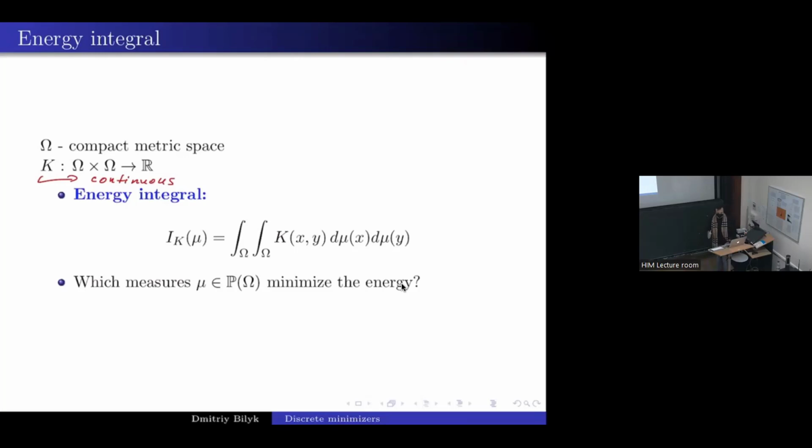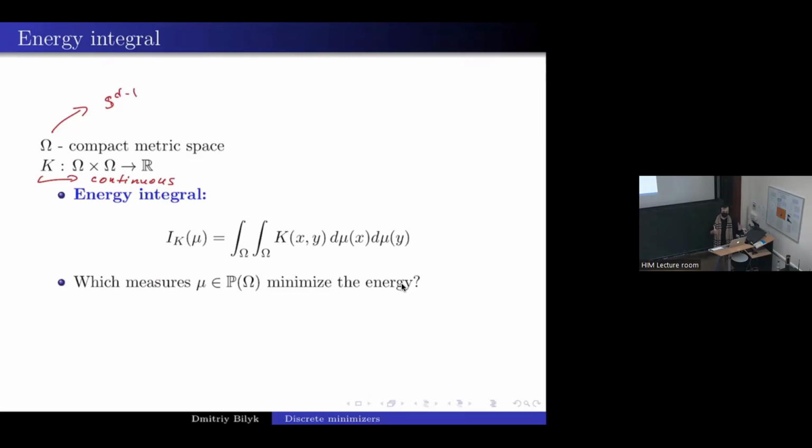Yes, this is for positive measures. You can, of course, ask this question for signed measures, but if the space is compact and the measures are positive, you know that minimizers will exist for sure. In the question, mu here denotes a probability measure. Normally, on some nice domains, and very often many of my examples will be on the sphere, for nice interactions you expect that the energy-minimizing measure will be uniform.